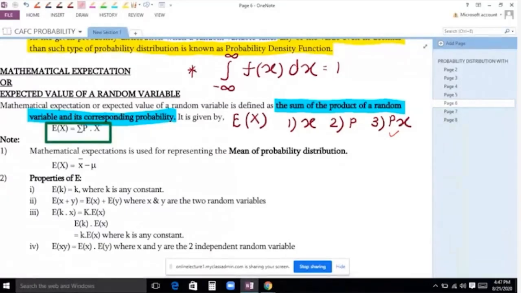Tell me yes or no, everyone participate. Every time it is compulsory you will be given the value of X and P. If the values of X and P are given, it is well and good. In case we do not have the values of X and P, what alternative can we take?